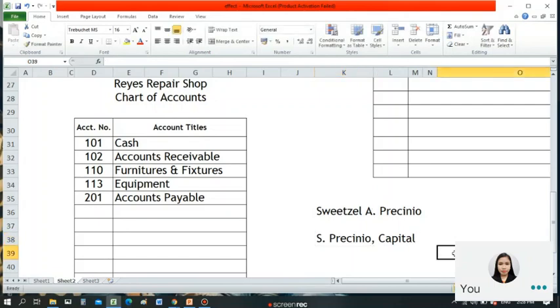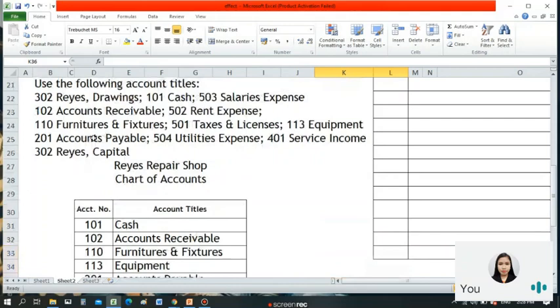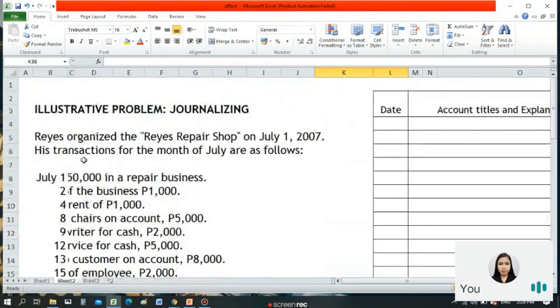So this is the proper writing of the capital and the drawings account based on the name of the owner. Pero merong mga business na hindi na ginagamit yung first name. So direct na agad siya, Presiño, capital. So here in the given account title, di na ginamit yung first name, wala naman siyang given.